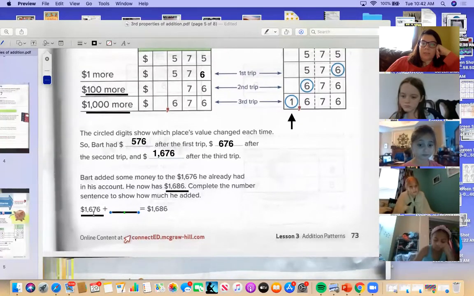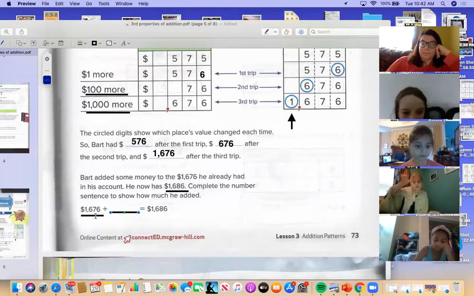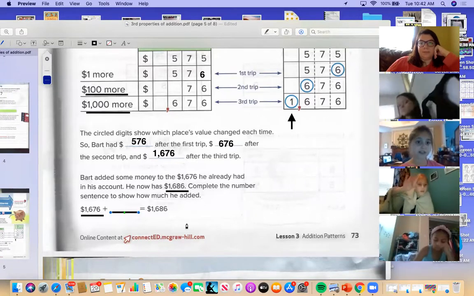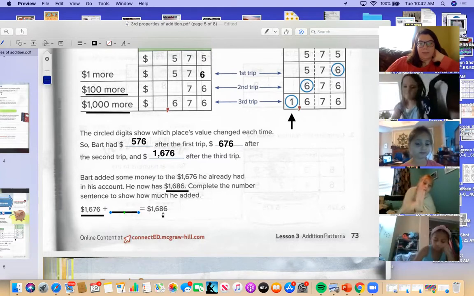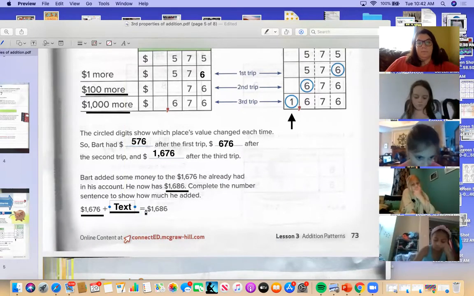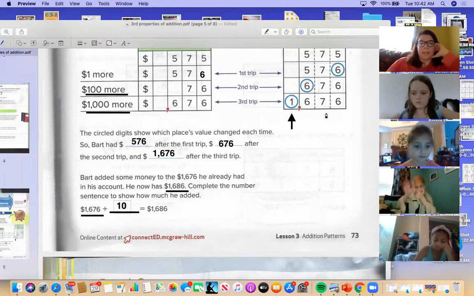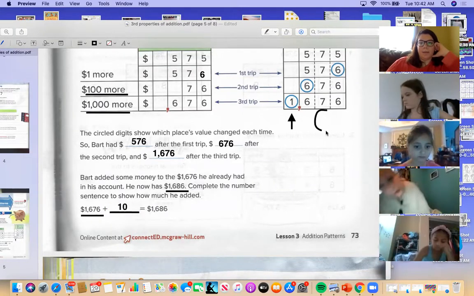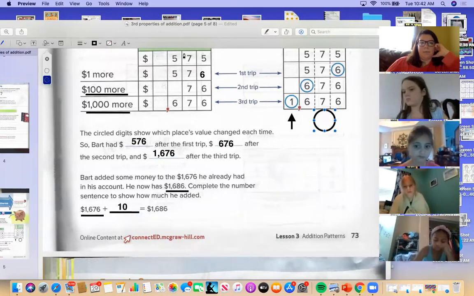What number changed? The tens place, right? So we added how much more? One more. Yep, 10 more. One more in the tens place. So they circled that, and that would have been 8 there.